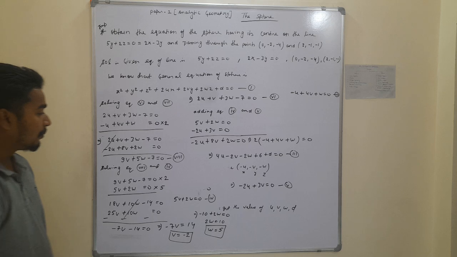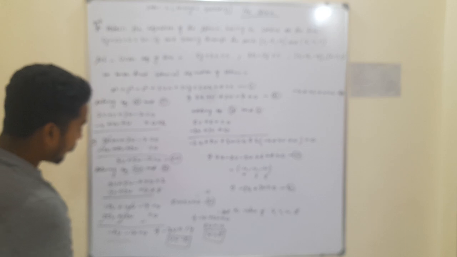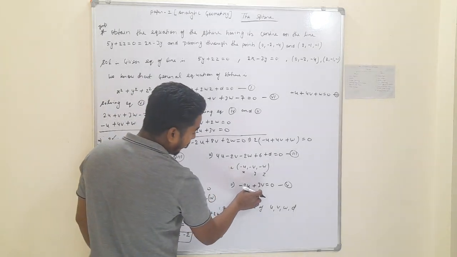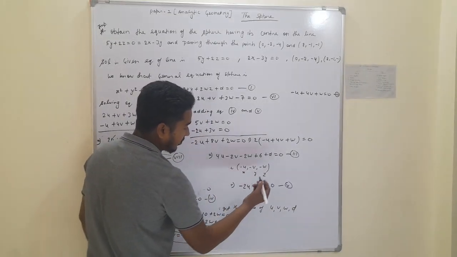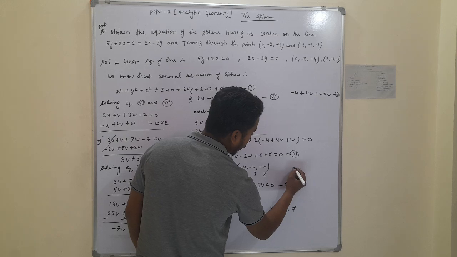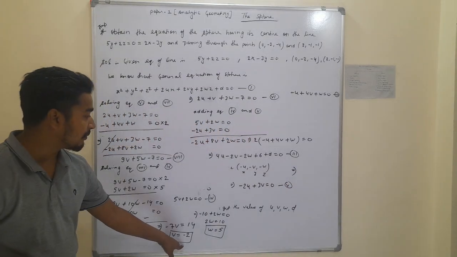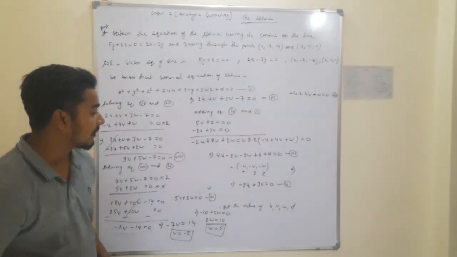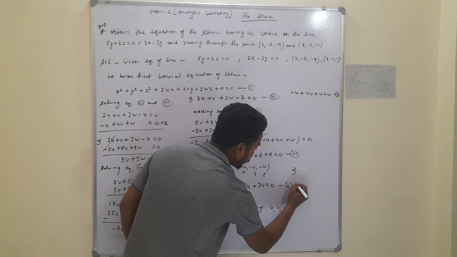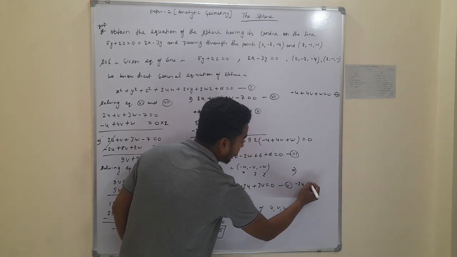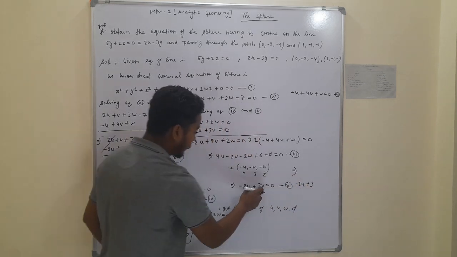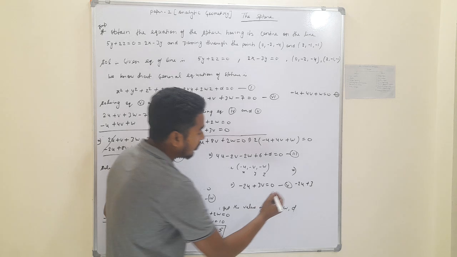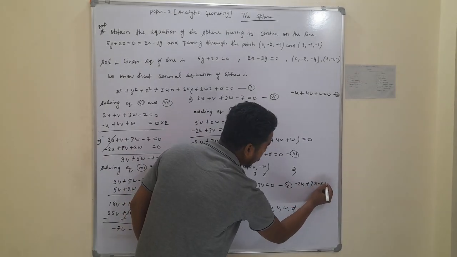Further, we have to put in equation v and w. Once again, putting the value of v, minus of 2, in equation 5, we get the value of u. This is minus of 2u plus of 3, and in place of v, putting minus of 2, this is minus of 2 is equal to 0.